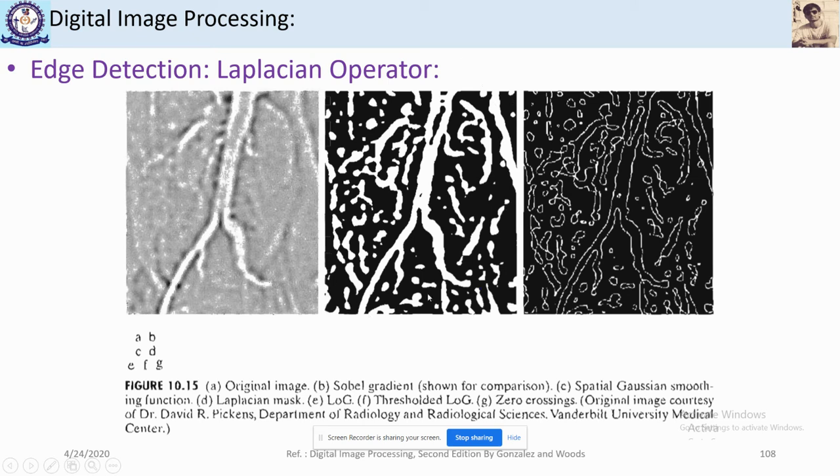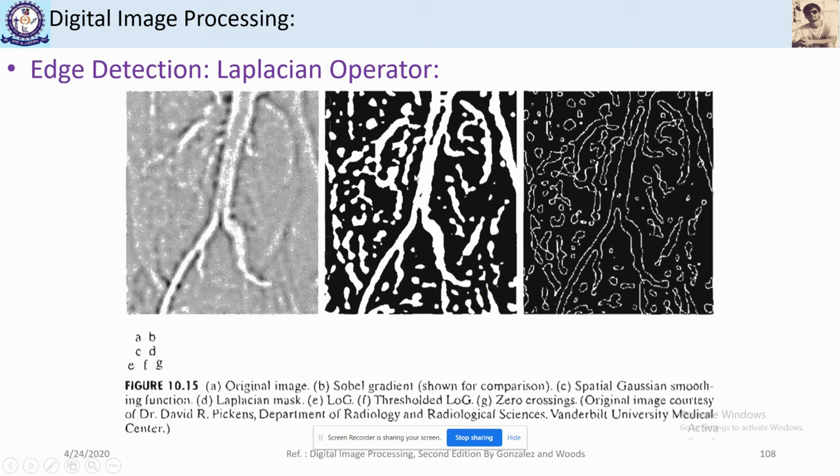And after that, this image is scanned for the black to white transition, and by identifying the black to white transition, we have achieved the zero crossing in this image.